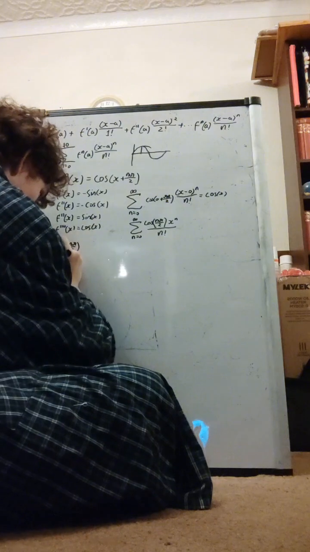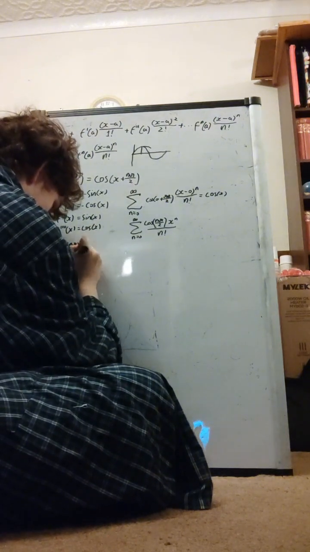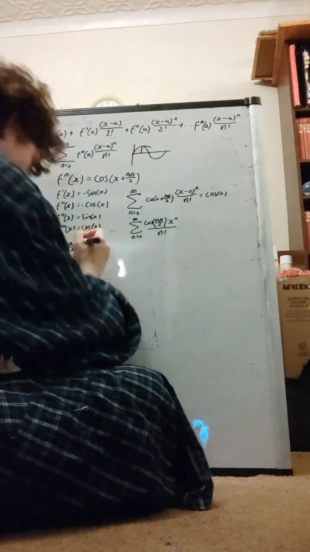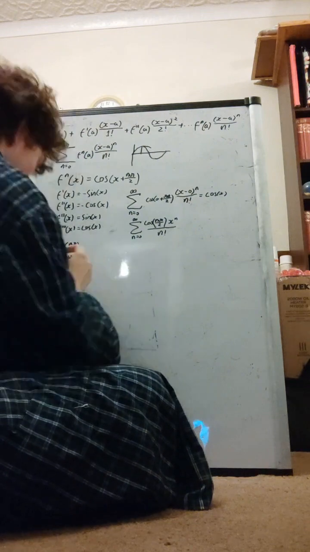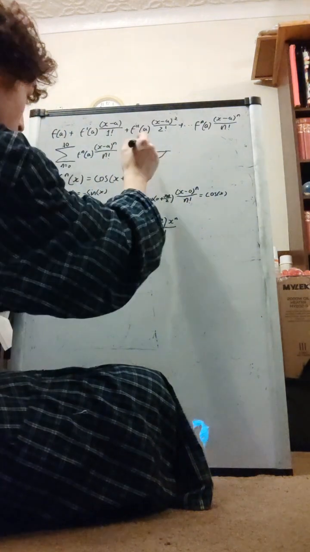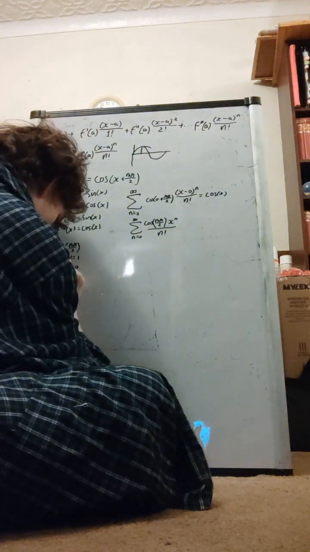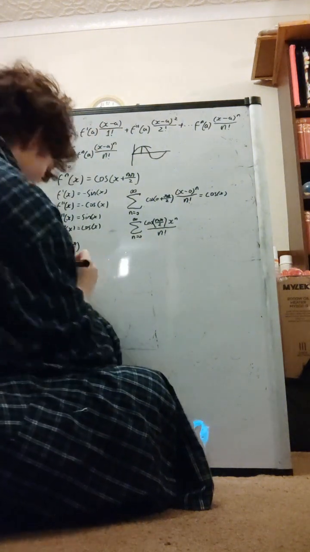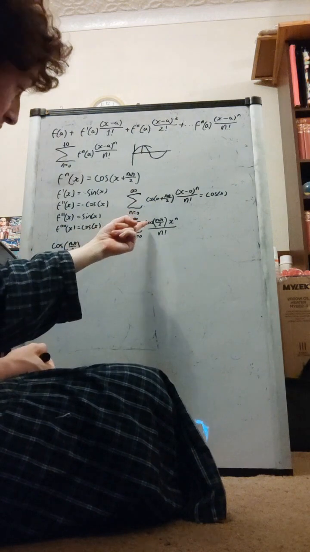When n equals 0, the answer is cosine 0, which is 1. n equals 1 is cosine pi over 2, which is 0, and n equals 2 is cosine pi, which is minus 1, and it repeats this infinitely, right? But when y equals 0, this is going to output 0, and it's going to times the whole thing by 0, so one of the terms is just going to be 0, right?